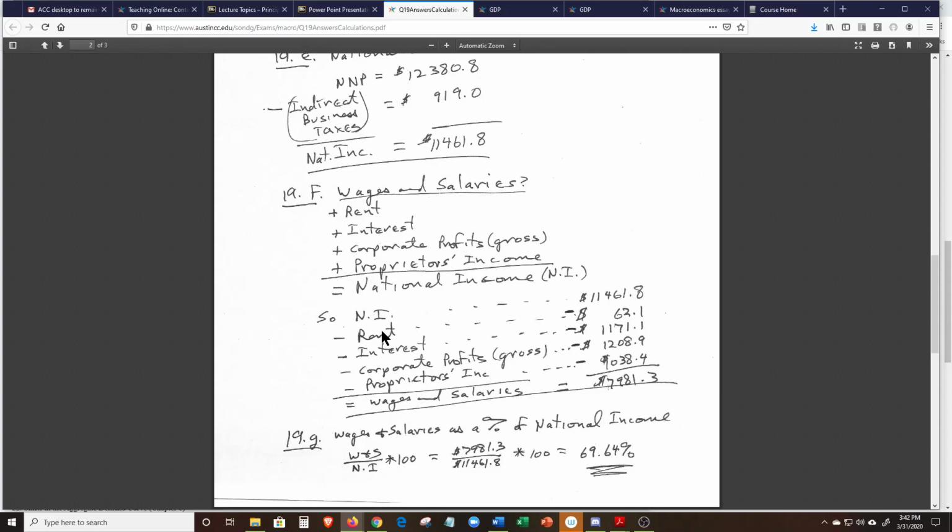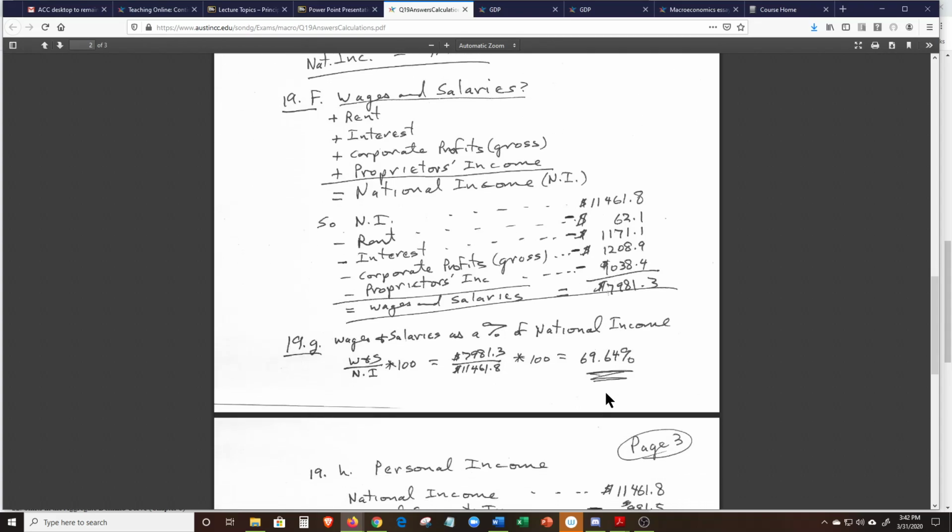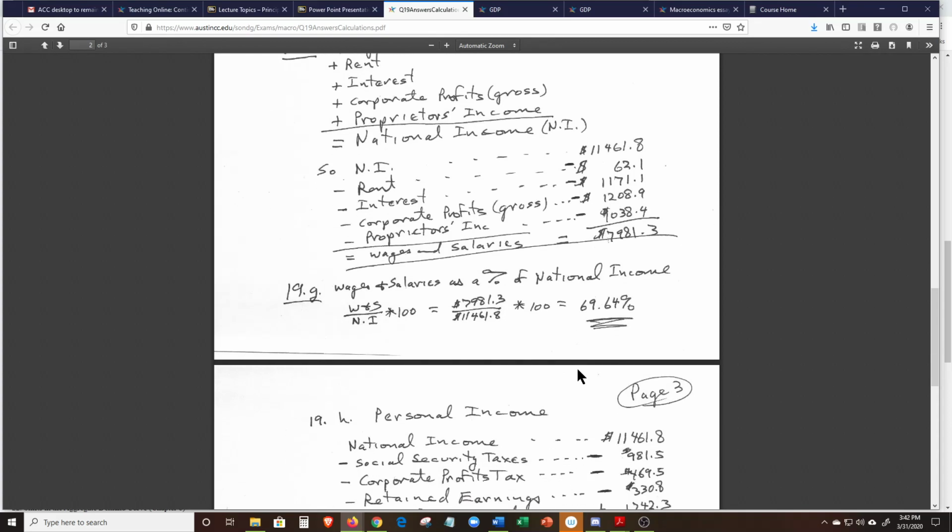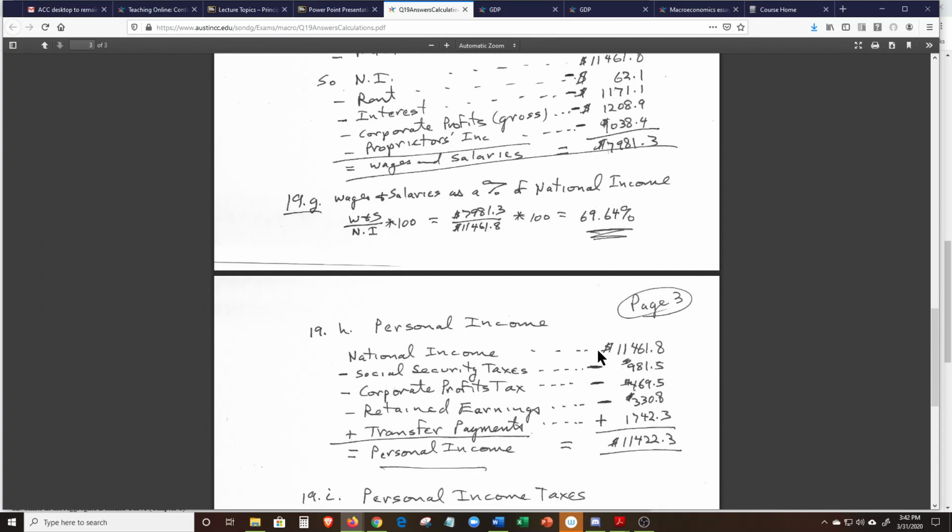So from national income, we subtract rent, interest, corporate profit, and proprietor's income to get wages and salaries. We take wages and salaries as a percentage of national income. National income is here. Wages and salaries are here. So it's 69.64% or nearly 70% of national income.